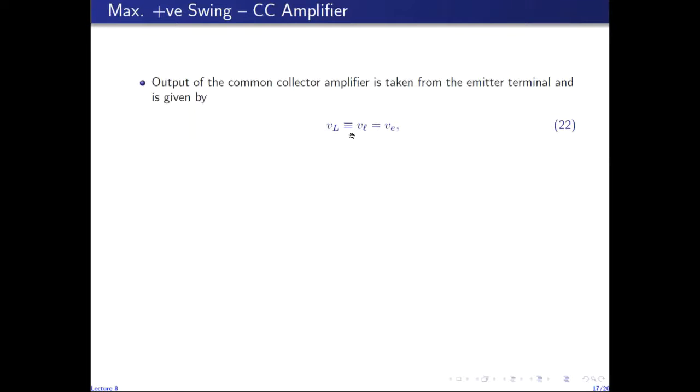So the total load voltage, because of the output coupling capacitor, is equal to the small signal component of the emitter voltage, and hence we denote it with small v, small l. So it is purely AC.